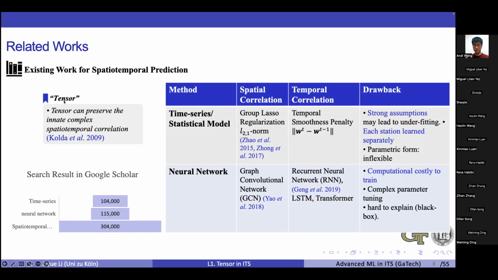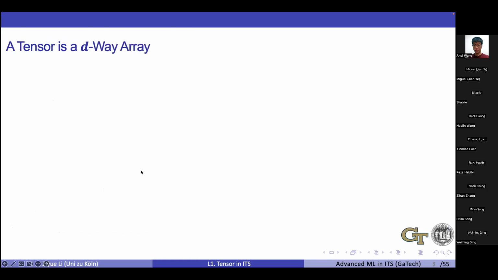So what exactly does a tensor mean? By the way, the method that uses tensors for this problem is quite a unique method, kind of at the top of the pyramid.